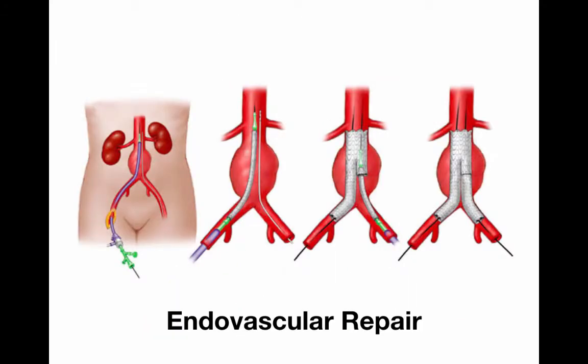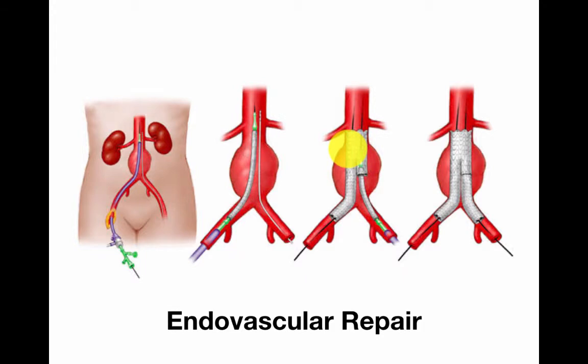Now, to contrast that with an endovascular repair, things are very different. And the crux of this is that the aneurysm remains in place. They are basically going through an endovascular method with a catheter, using fluoroscopy, etc., and deploying their graft through the catheter proximal to the takeoff of the aneurysm.